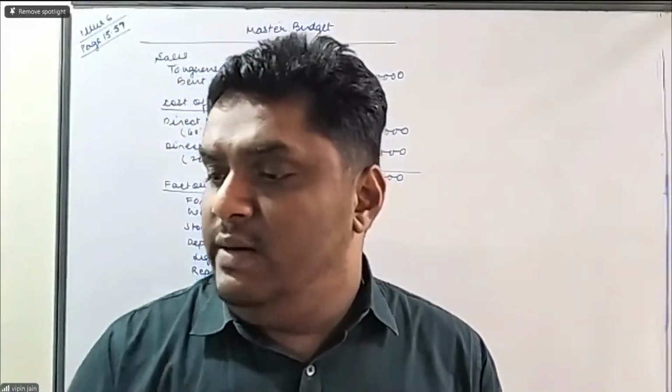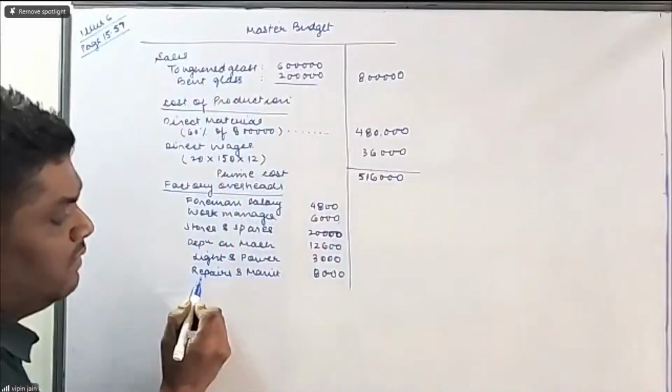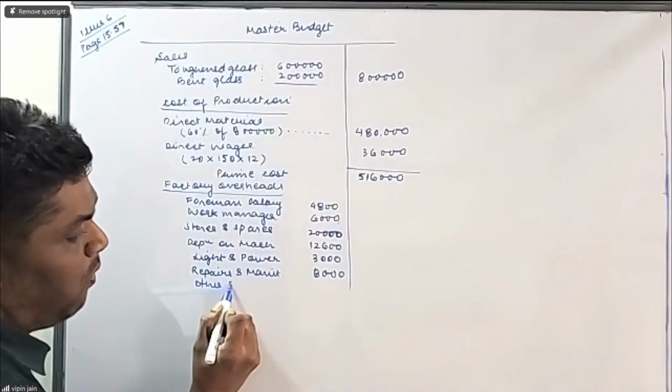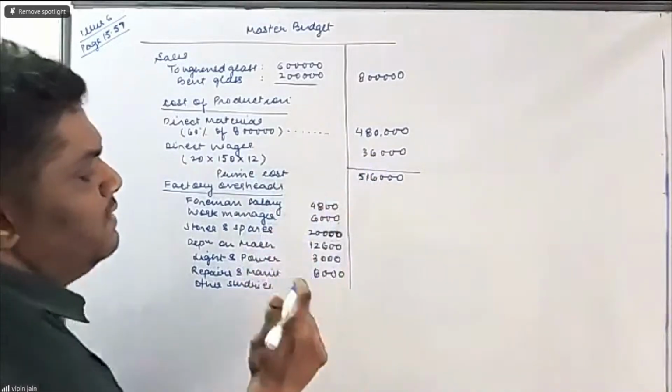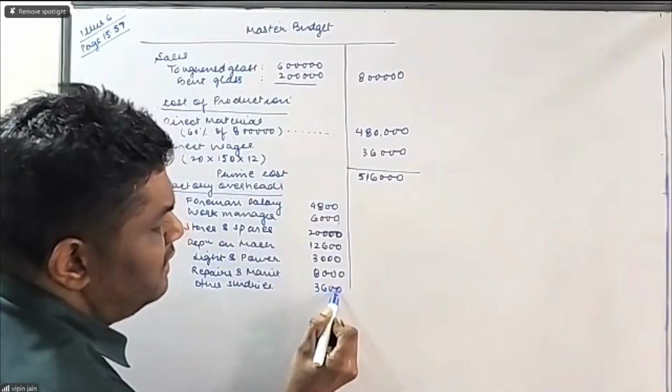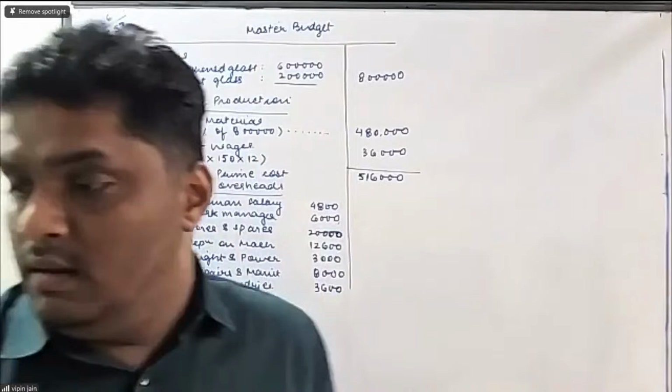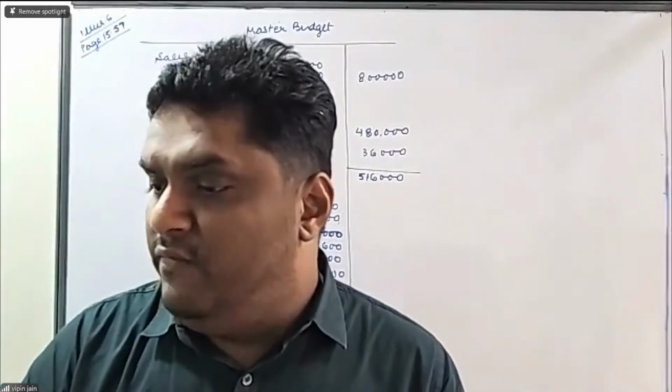Other sundries are 10% of the direct wages, so 36,000 into 10%, that is 3,600. I think everything is done in factory overheads.